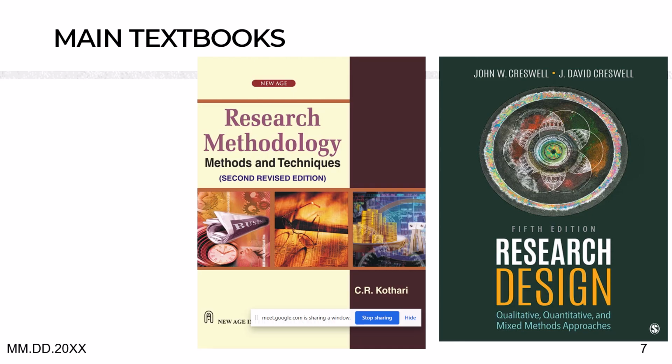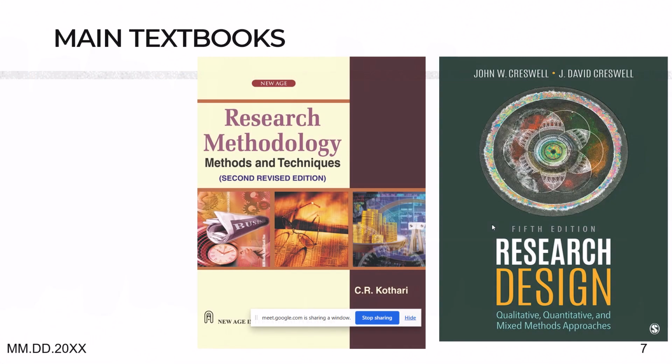We have the first book by C.R. Kothari, Research Methodology, Methods and Techniques, second revised version.